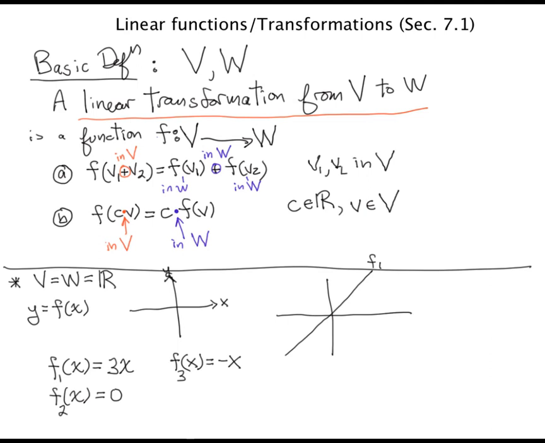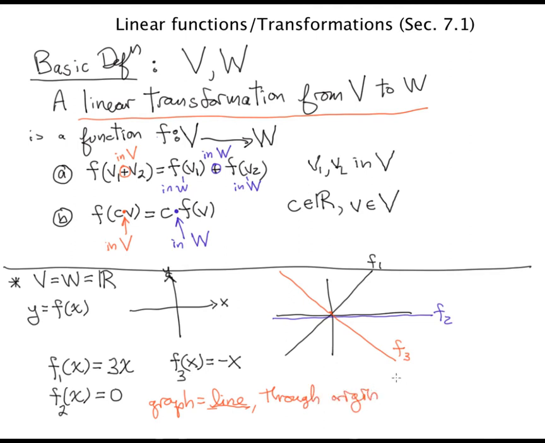The graph of f2 is just this line right here, and the graph of f3 is this line right here. And the graph of each of these functions is a line through the origin. It's a line, and it has to be through the origin.